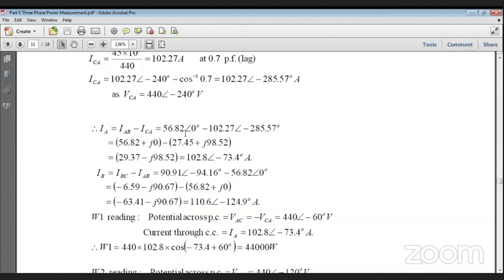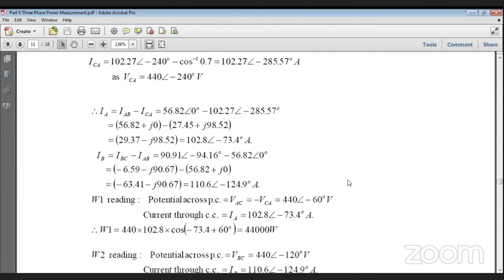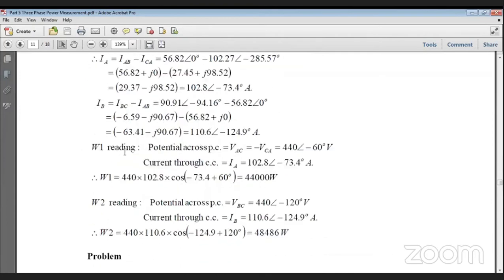Similarly, once you do that, then take W1. Always write down separately, this is my request, what is the potential across PC. This is VAC, which is minus VCA. So write down what the phase angle is. Actually, it is minus 240 degrees, but we added 180 degrees, so it becomes minus 60 degrees.